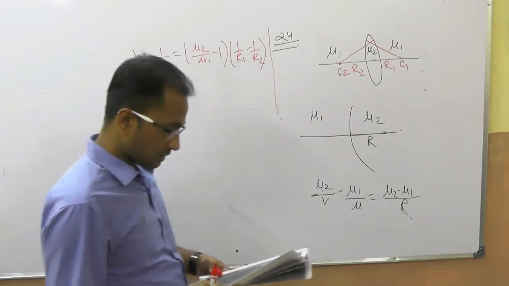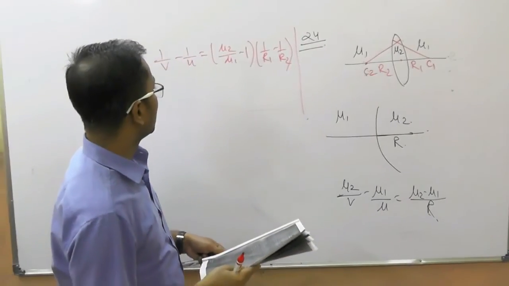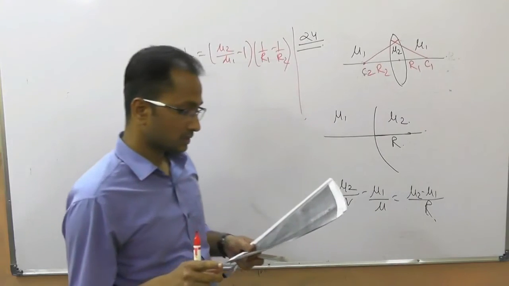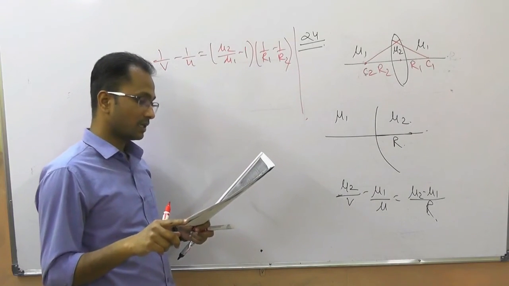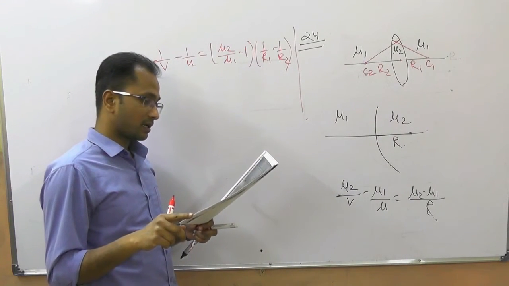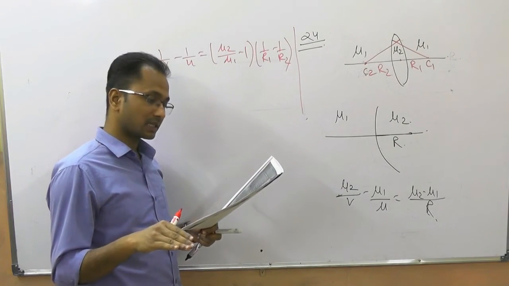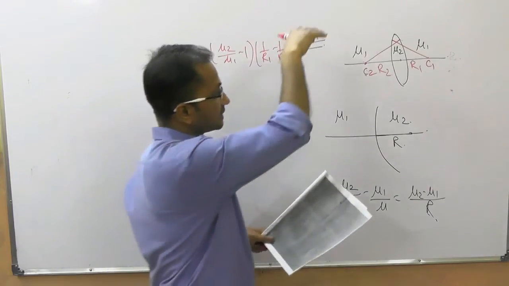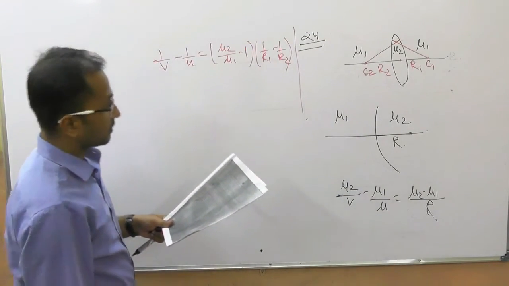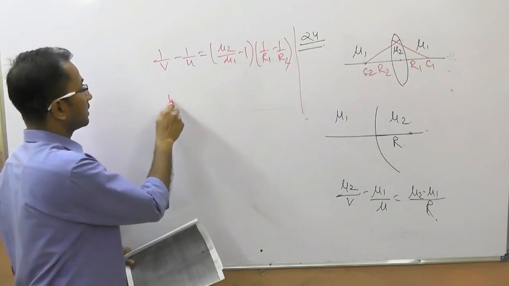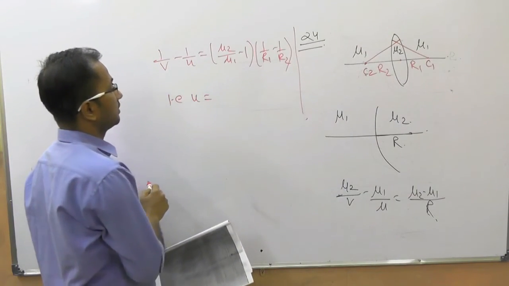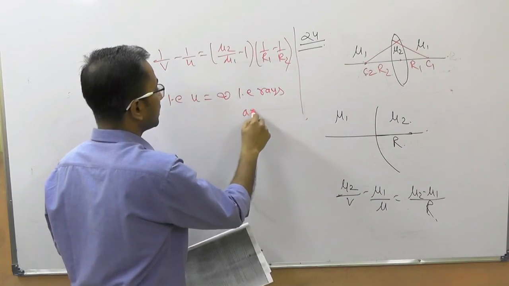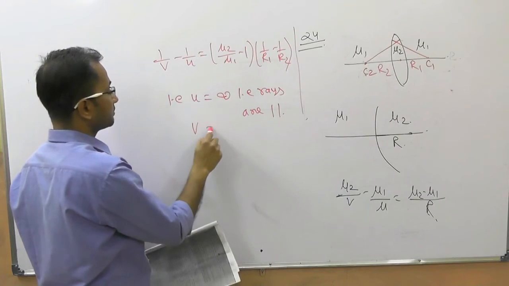Now the question is about the lens maker formula. As you know, focal length is defined as follows: the ray coming from infinity, which is parallel to the principal axis, after refraction from the lens passes through the focus of the lens. That is, if u equals infinity, meaning the rays are parallel, v becomes f.